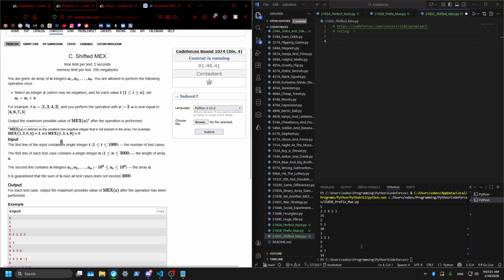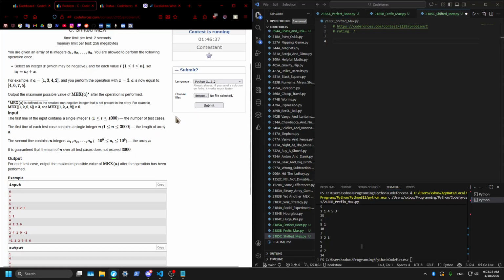The first line is t, second line is n, and there's also an array, so it's the same input type as prefix max. So we select any x, we maximize the mex.